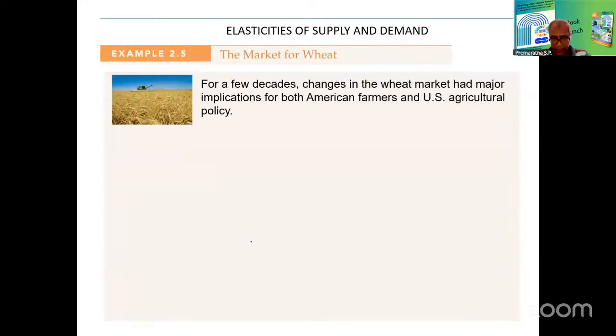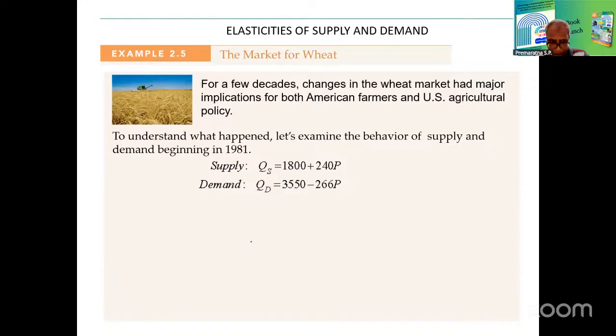Now this example is about USA farmers and an agriculture policy related example. A recent one that happened some time back in 1981. Here the USA government estimated the wheat market, the supply function and the demand function. Now take a few minutes.